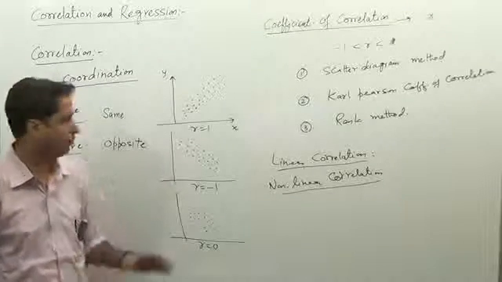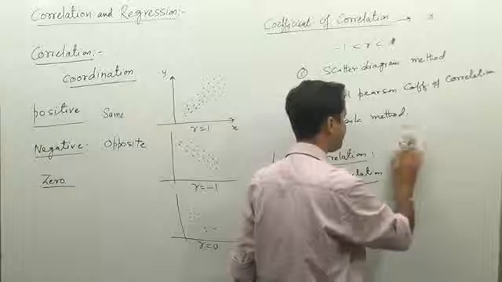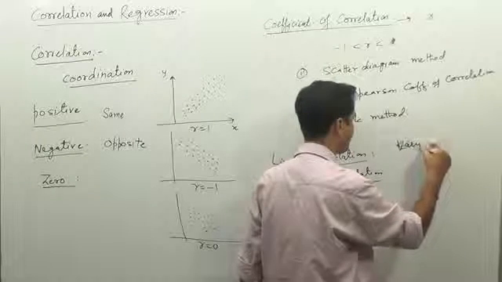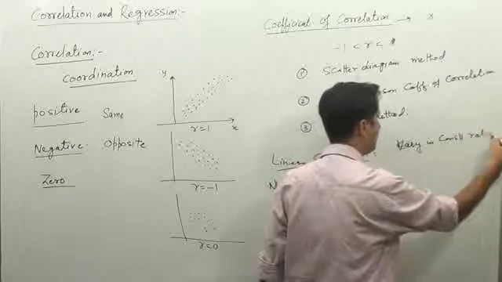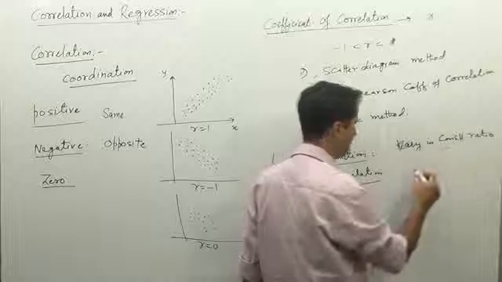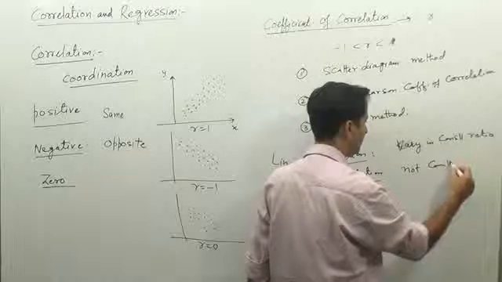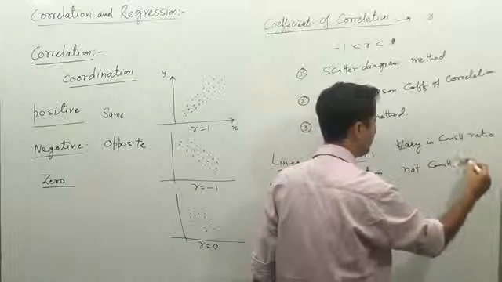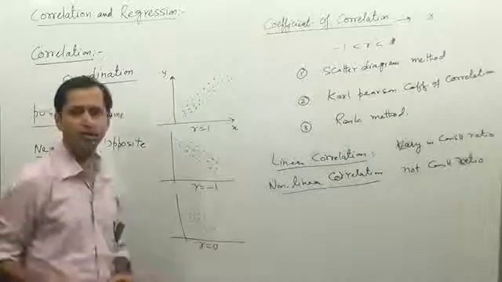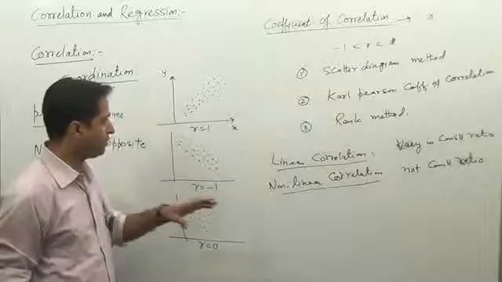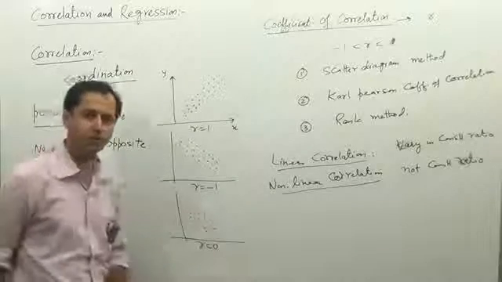Then we call that the correlation is said to be linear. And if there is no constant ratio, then we say this is non-linear correlation. So this is the main idea of linear and non-linear. But here my aim is to find the coefficient of correlation.